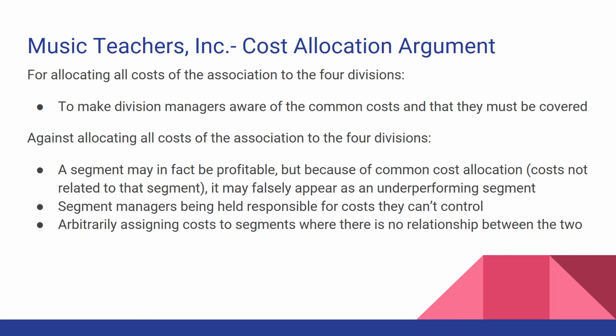And then lastly, it's arbitrarily assigning costs to segments where there is no relationship between the two. These segments are not responsible for these costs. It has nothing to do with their work and what they produce and what they do.